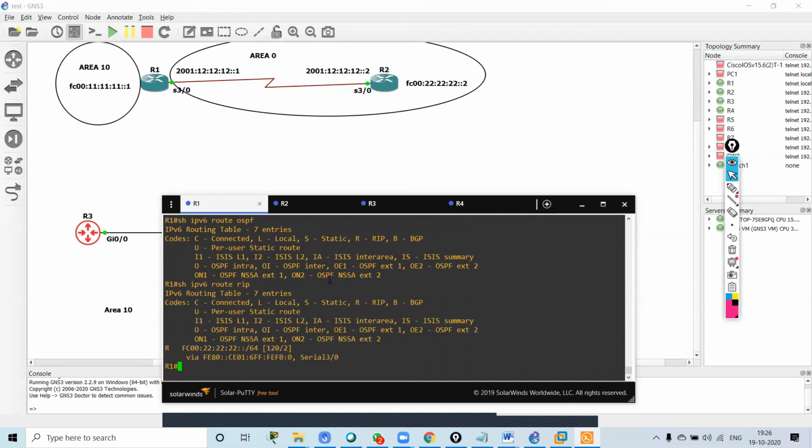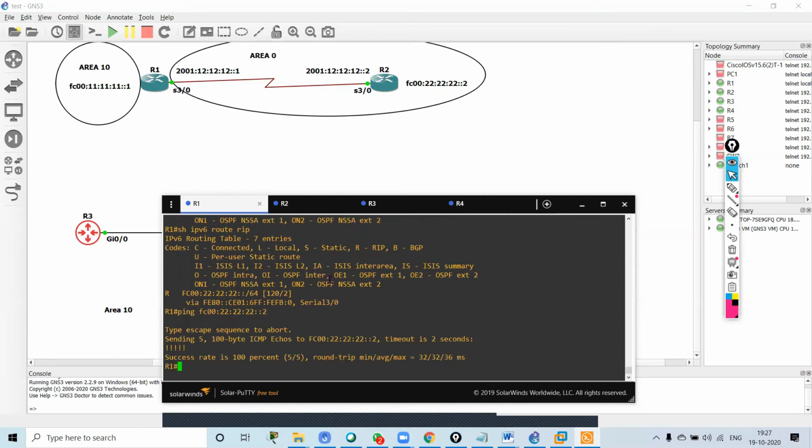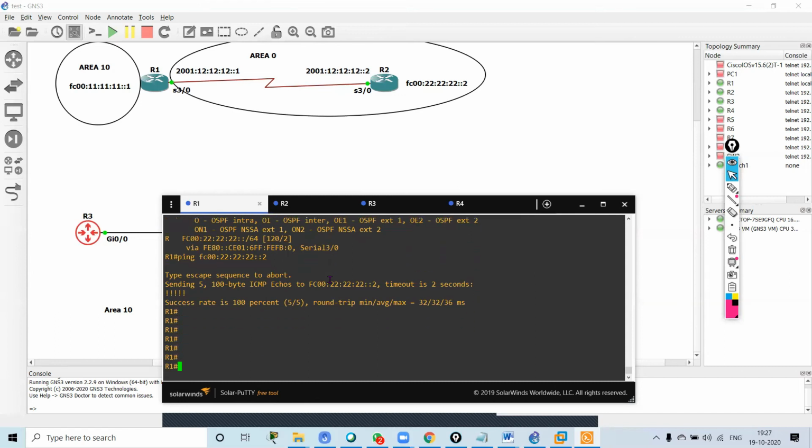Okay, RIP routes I am getting over here. If I try to ping, I am able to ping. Okay, understood? This is RIPng and EIGRP version 6.